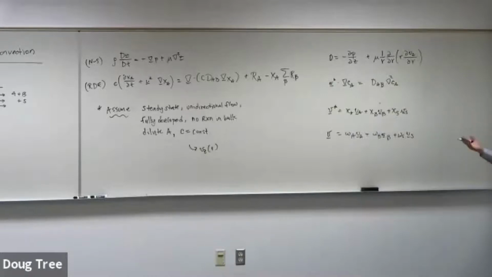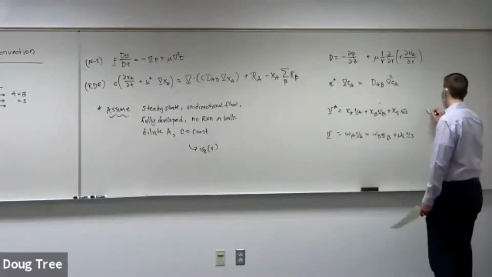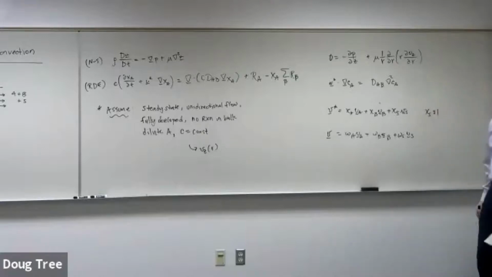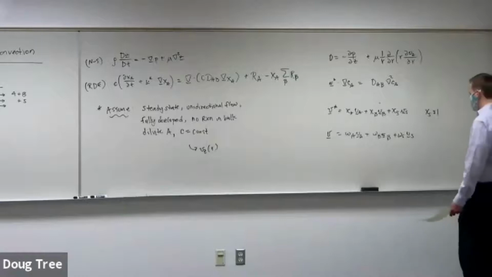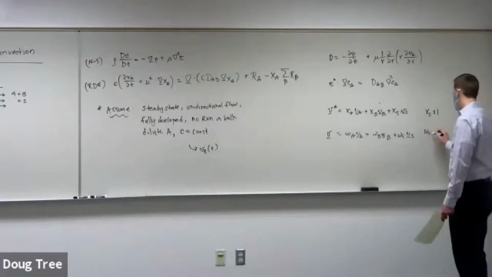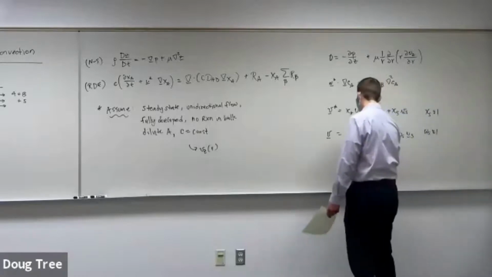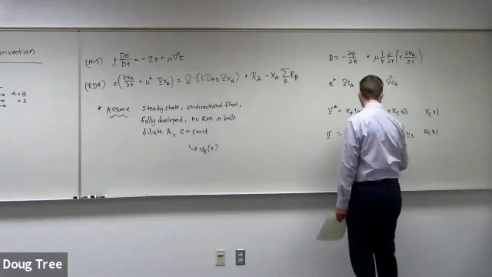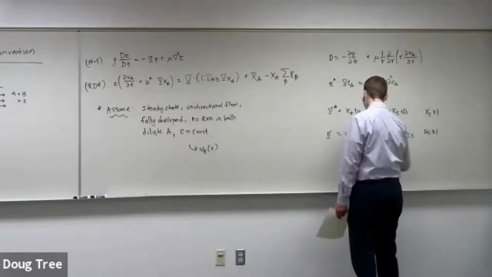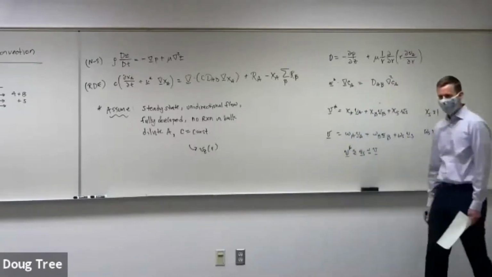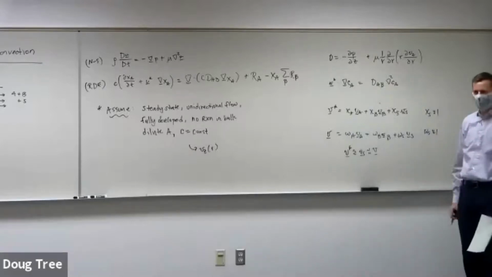Now I said it was going to be dilute A, and let's assume that the reaction doesn't happen so much, that we can only have dilute B as well. So in that case, that means that xS is going to be about 1, because it's mostly solvent flowing through there. So if xS is about 1, I can also assume wS is about 1. So that means that V star is approximately vS, which is approximately V. So I'm just going to let them be the same thing.